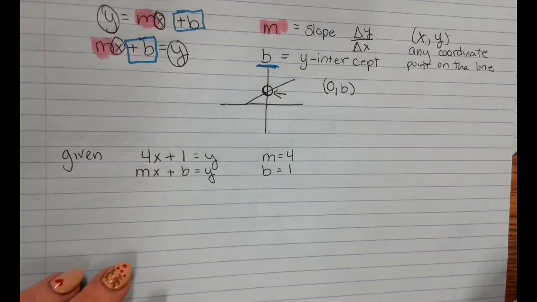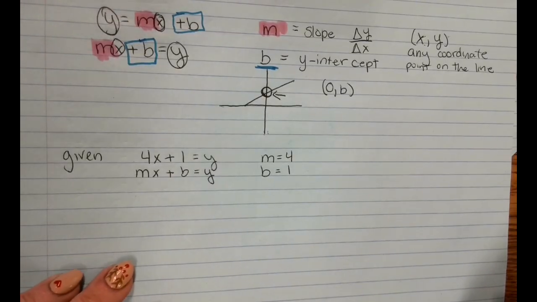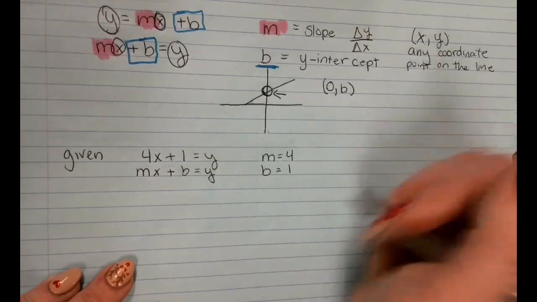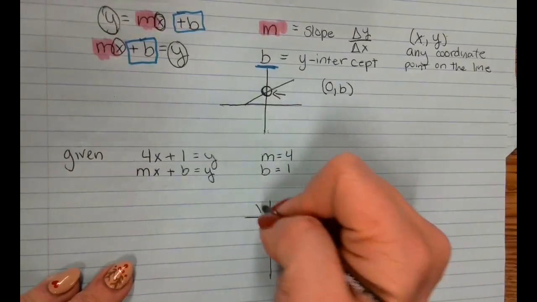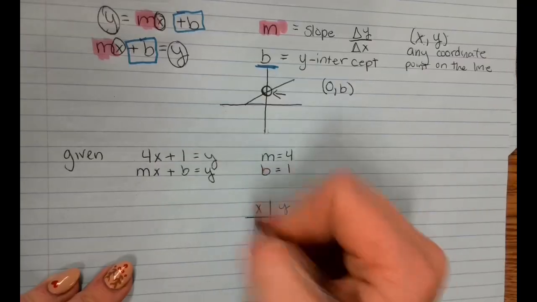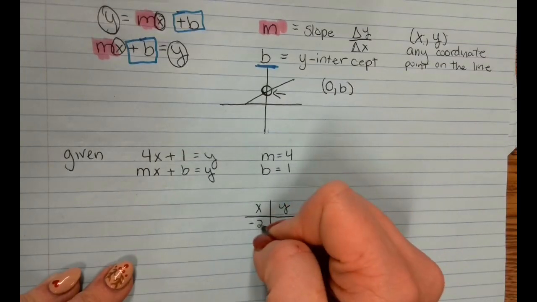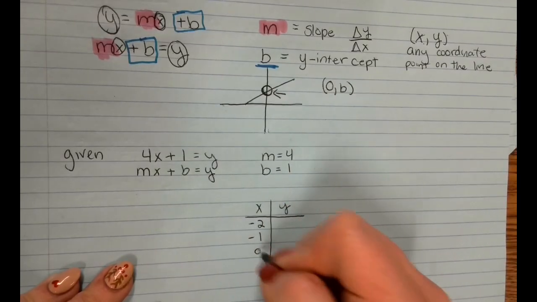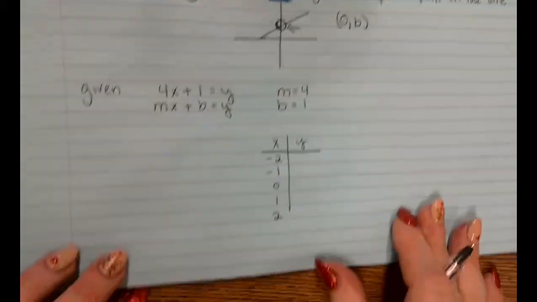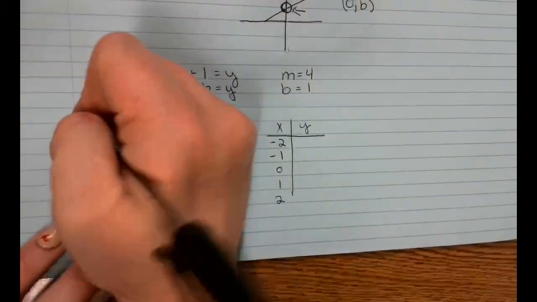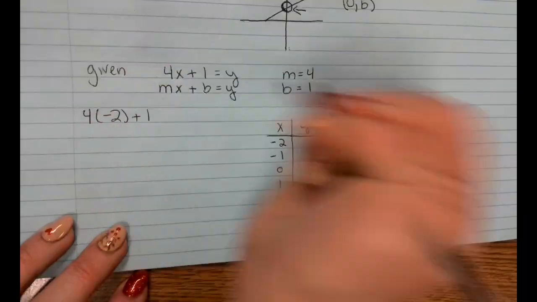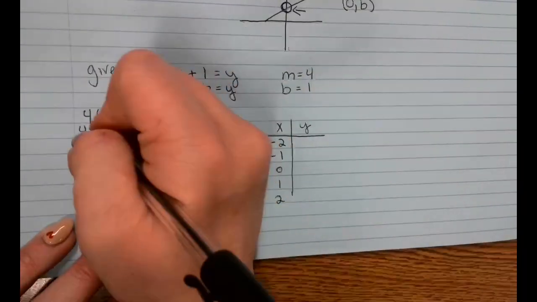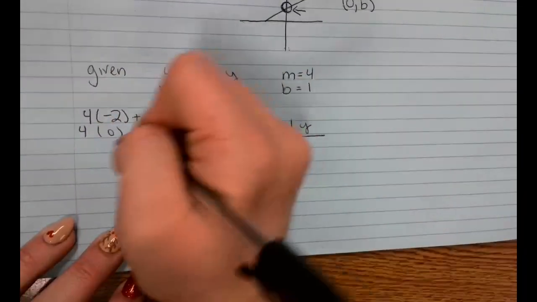Now, your x and y are any coordinate point on the line, which means, let's say I was making a table. Okay, so x's are here and y's are here. And I wanted to find out where the line was at these coordinate points. What I can do is plug in all of those coordinate points for x, and it will give me all the y's.